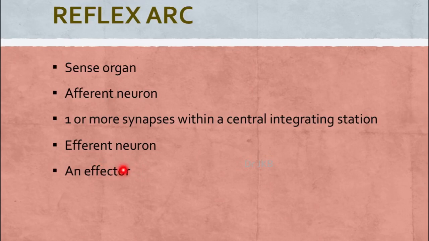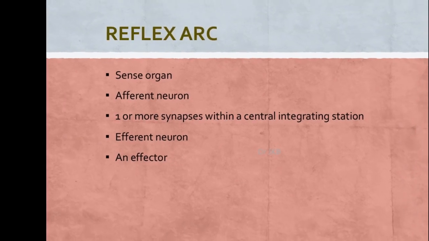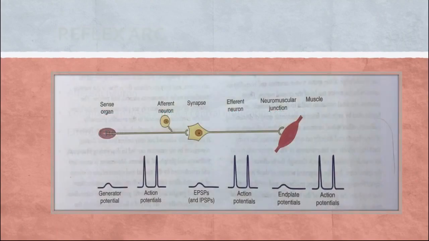So, we can say the activity in this reflex arc starts in a sensory receptor, as shown in this diagram. It starts in a sensory receptor with a receptor potential, like when we hit the tendon with the knee hammer, that receptor potential is generated.